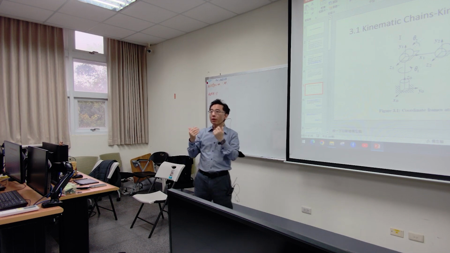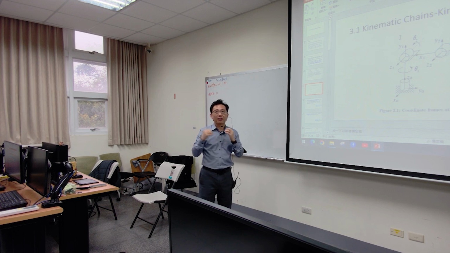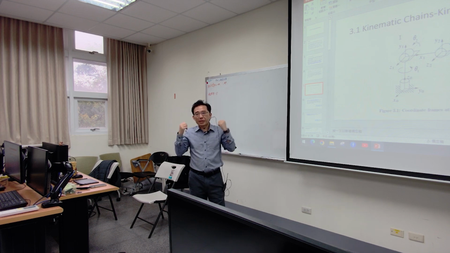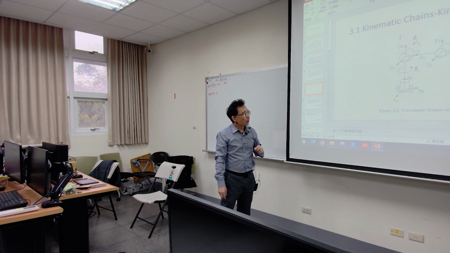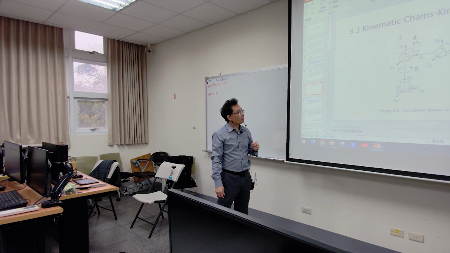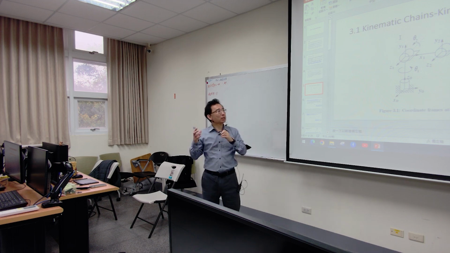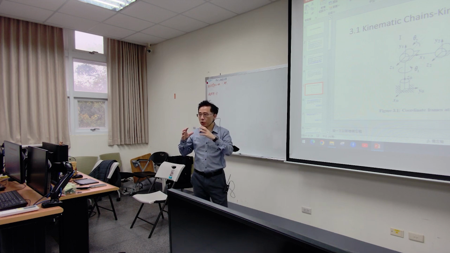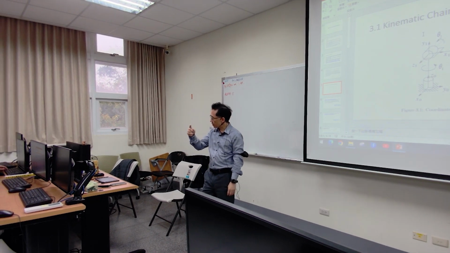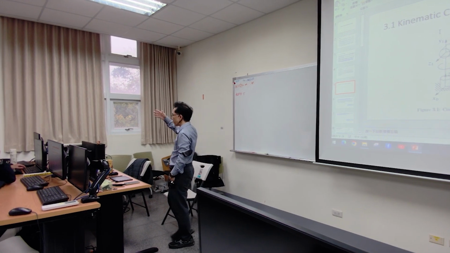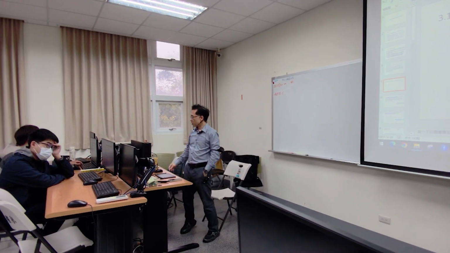If you can realize this kind of concept, then you can read the kinematic chain figures and realize what kind of robot it is. So the third joint is called frame 2, and so on. You can connect as many as you want.